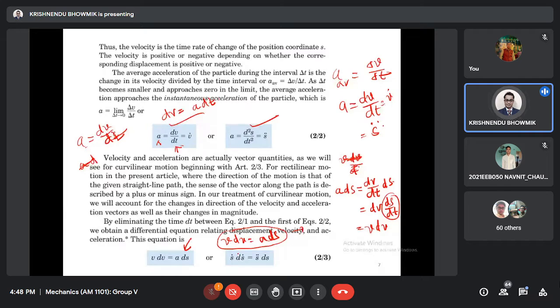Or maybe in terms of derivative form, v dv equal to s double dot ds. That relationship also you can get. Why am I writing this in numerical problems? Some classic problems you will solve where this type of relationship will be used, which you might know from 10 plus 2 standard also.